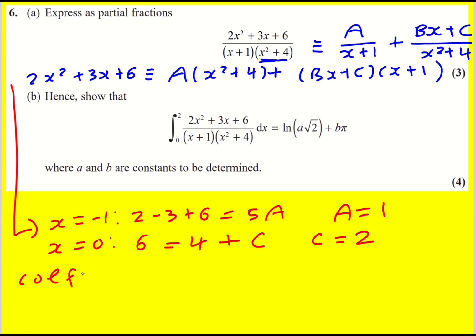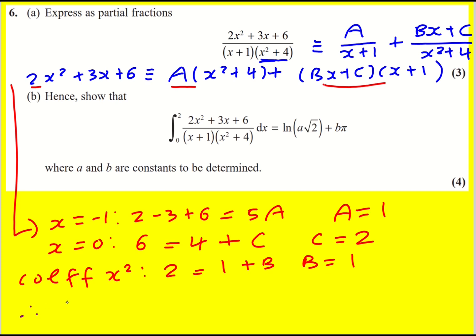And then finally, I'll use the coefficient of x squared. Because this is an identity, this is true for all values of x, we can compare coefficients. So it must be that 2 is equal to A, because we've got 2x squared equals Ax squared, so that's just 1, plus B. So B is equal to 1.